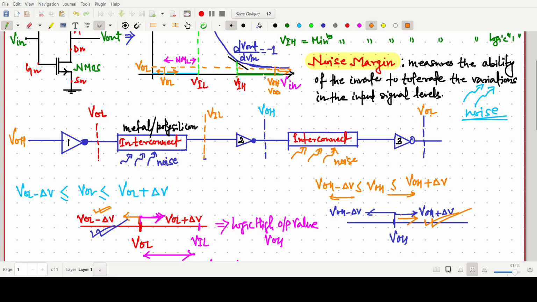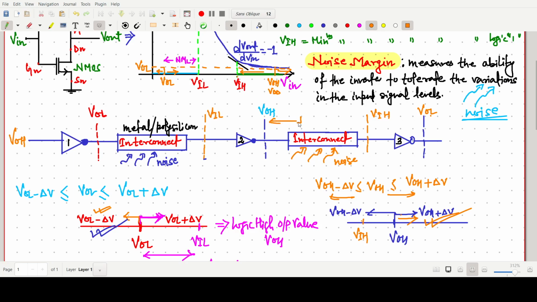Up to VIH, it will give the proper result. This value will be our VIH.